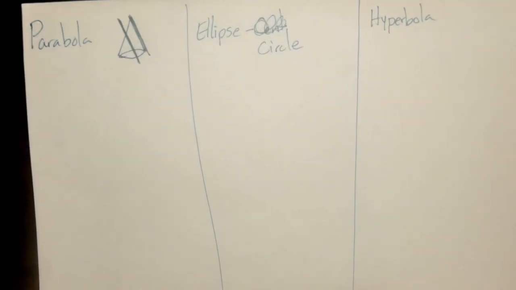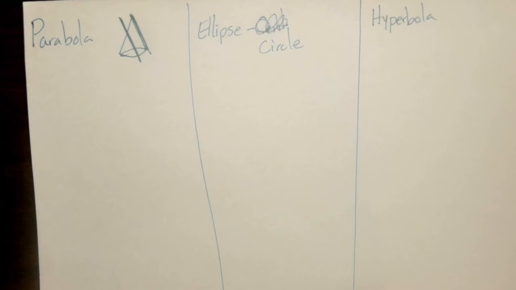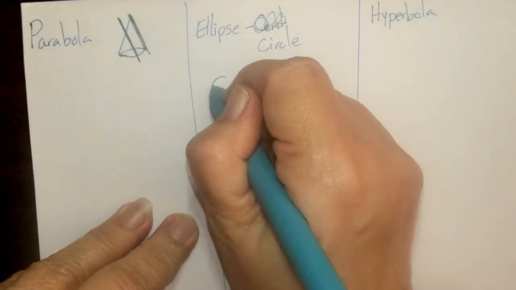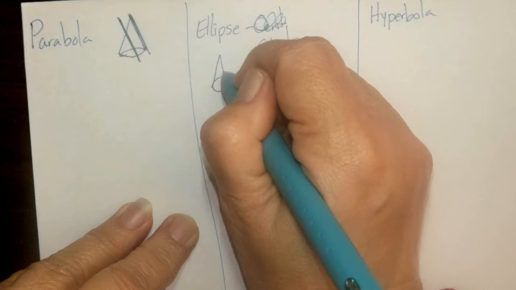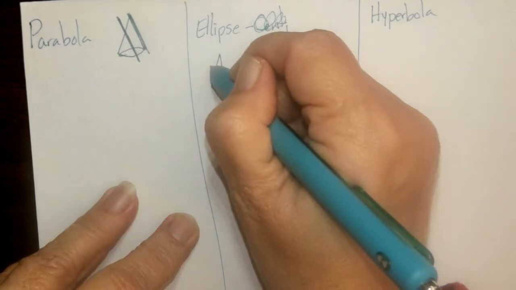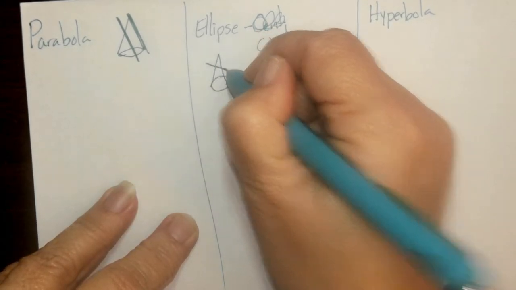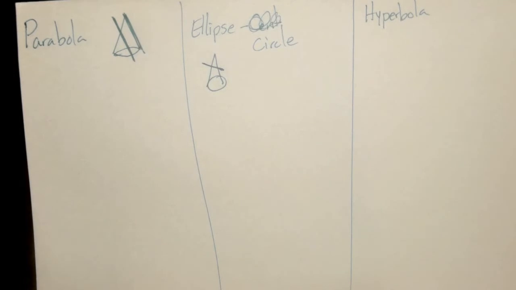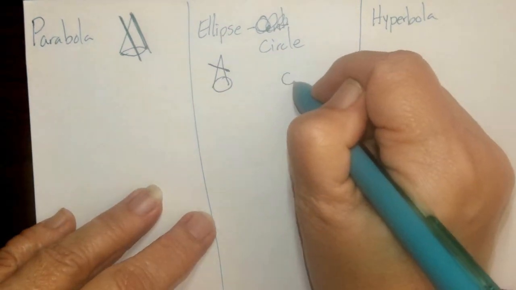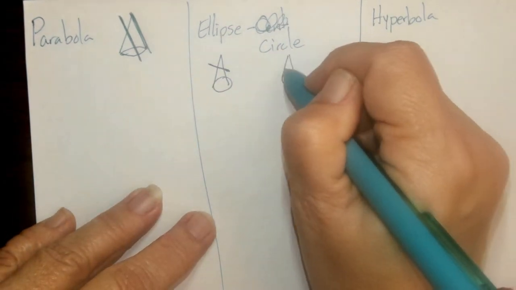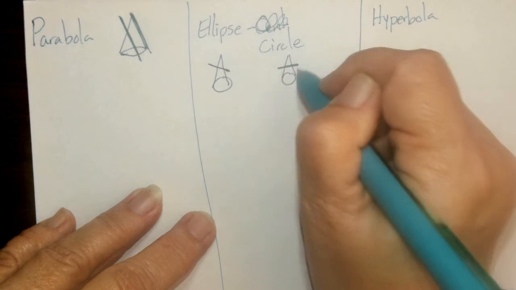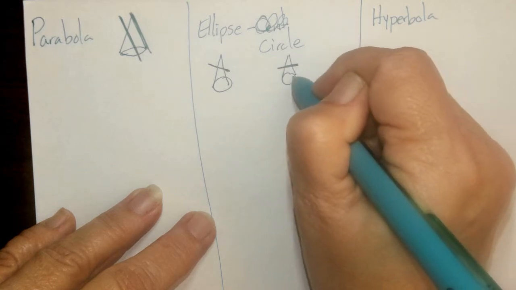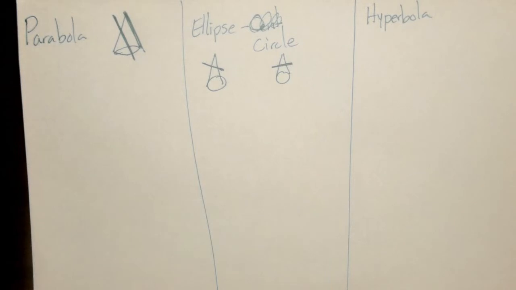Parallel, parabola, goes together. Our ellipse comes from doing this type of cut across the cone. And then the circle is when that cut is parallel to the base, then you get a circle.